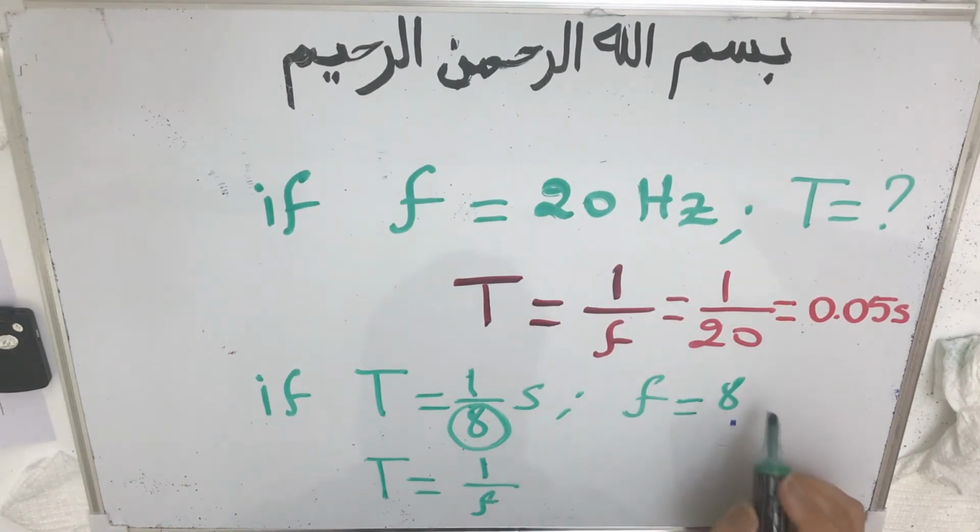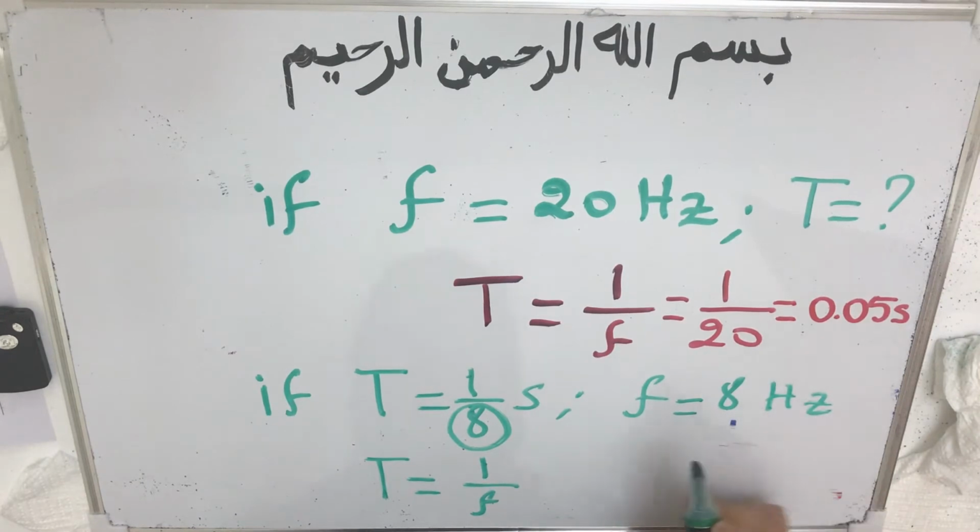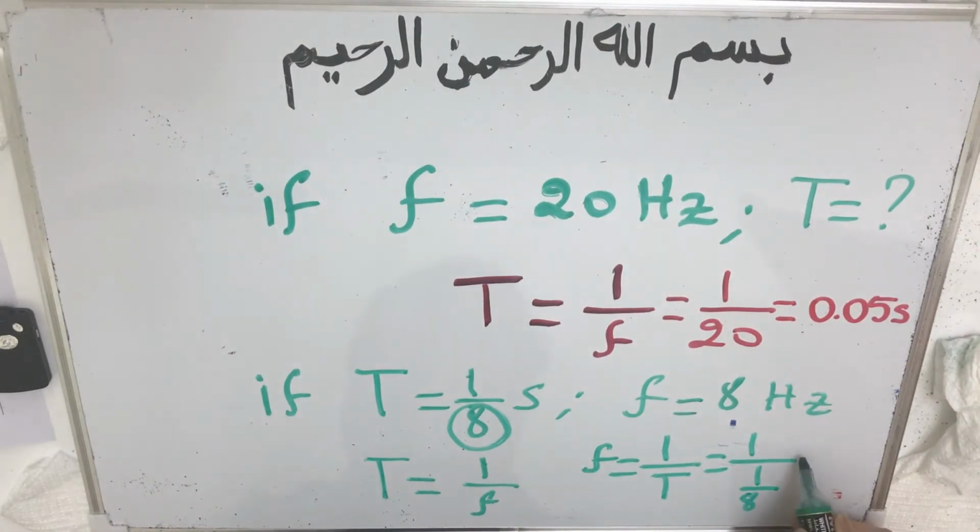Or I could just apply the formula, F equals 1 over T, so 1 over 1/8, and since you're all very good in math, you have a fraction here, so when you divide, 1 is just like 1 over 1, so you are going to divide 1 over 1 by 1 over 8, so you multiply by 8 over 1, and then you get your 8 hertz.